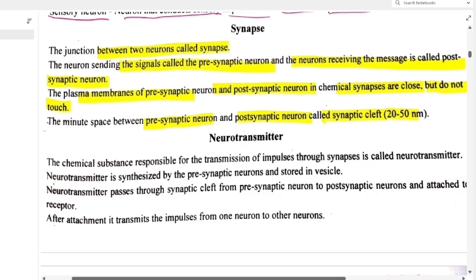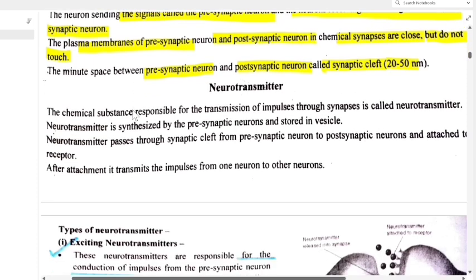Now comes neurotransmitter. The chemical substance responsible for the transmission of impulses through the synapses is called a neurotransmitter. It is synthesized by the presynaptic neurons and stored in vesicles. Then it passes through the synaptic cleft from the presynaptic neuron to the postsynaptic neuron and attaches to the receptor.